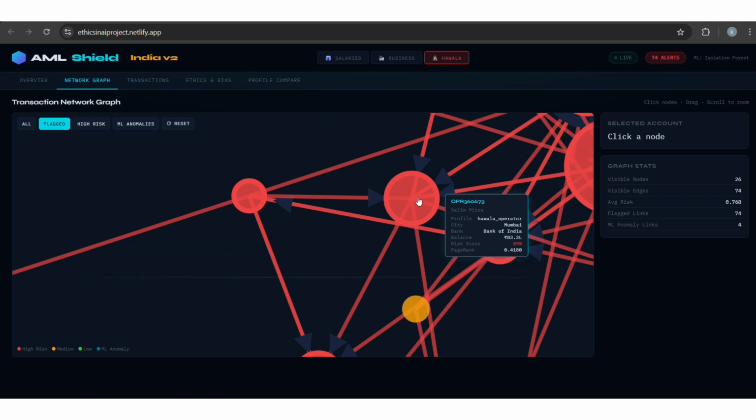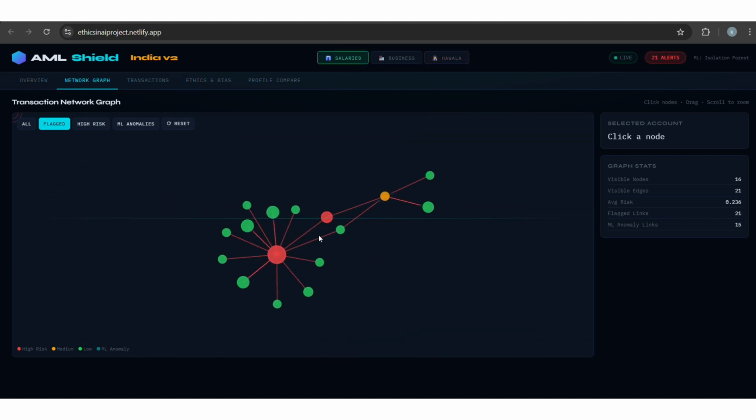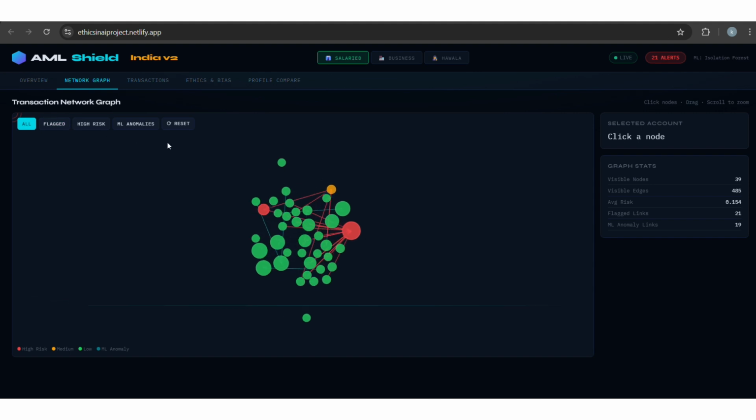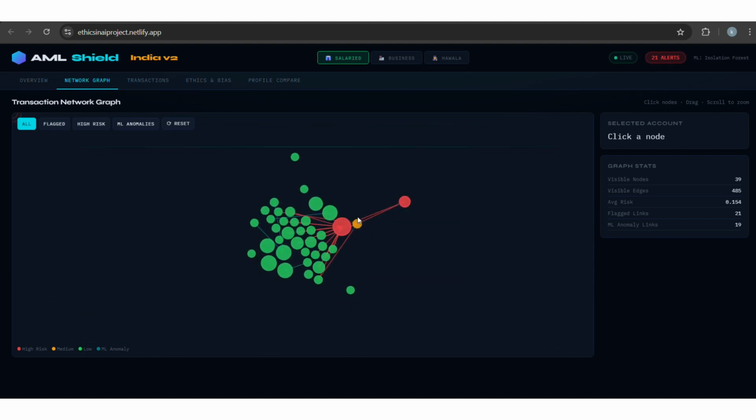Node color indicates risk level: red for high risk, above 60%, yellow for medium, green for low. The pulsing rings identify the highest risk nodes in the network.